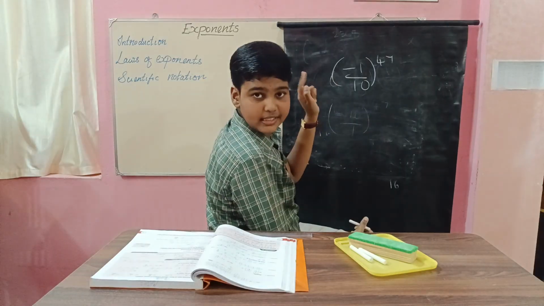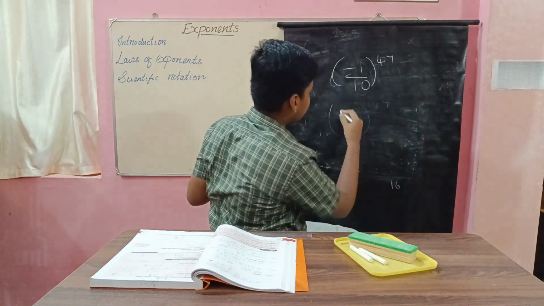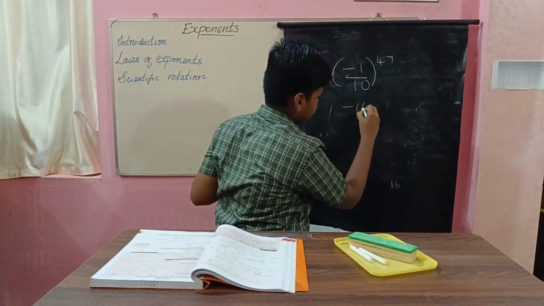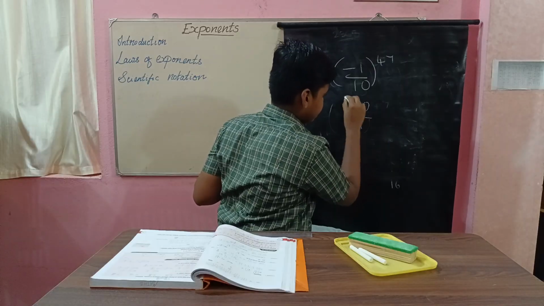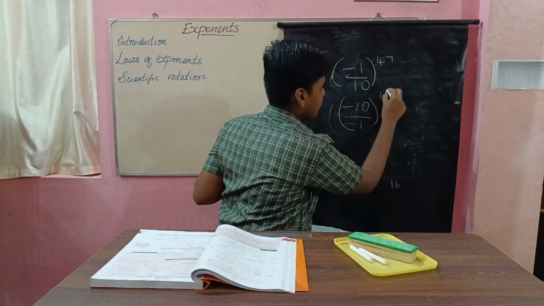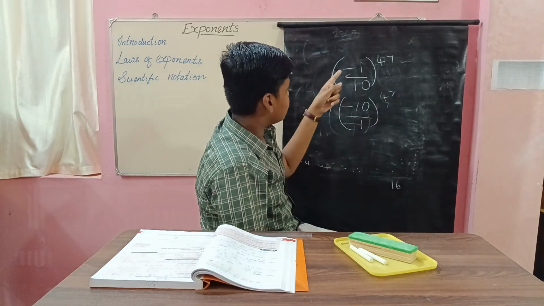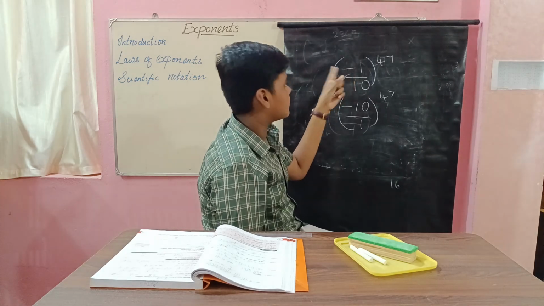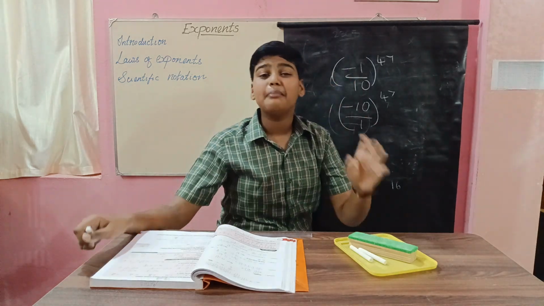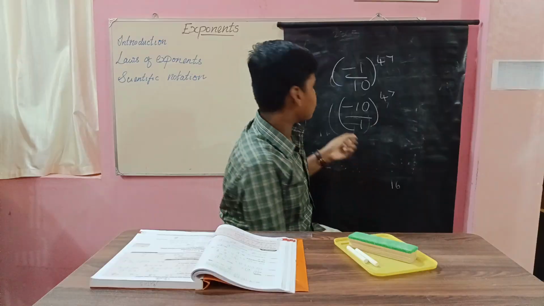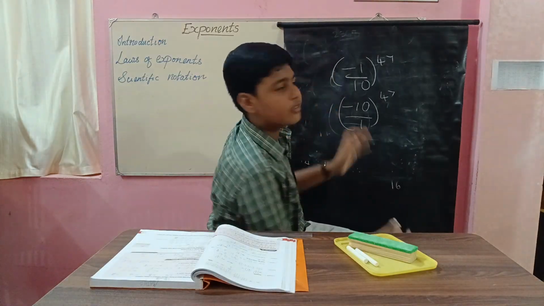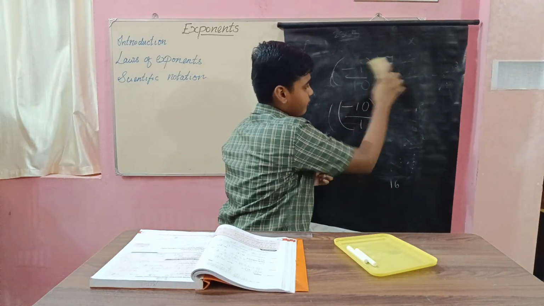Here I need to find the reciprocal. Two ways are there. One is just making it upside down, that is minus 10 by 1 by 47. The other method is just taking this minus symbol away, that's just making the opposite symbol. This is also a method. So there are two ways of finding the reciprocal.